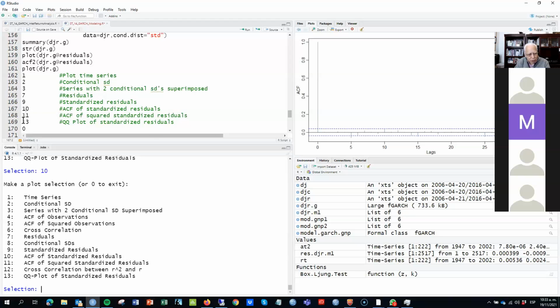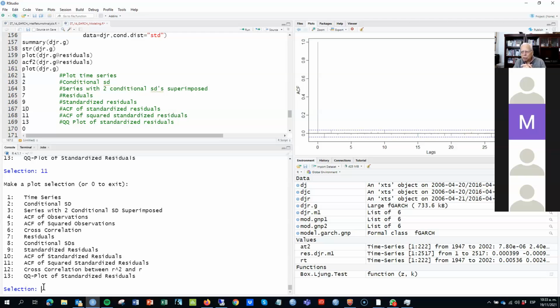Then I can look at the ACF of the squared standardized residuals, which is option 11. And again, that's good news, because if this ACF of the squared standardized residuals gave a lot of significant autocorrelations, then that would mean that I need to go back and fit a different model.